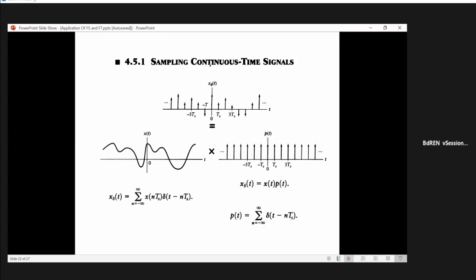Theoretically, it will look like an impulse train. If we multiply these two signals together, your signal will appear at the output at the location of the impulses. As a result, it is very similar to sampling.